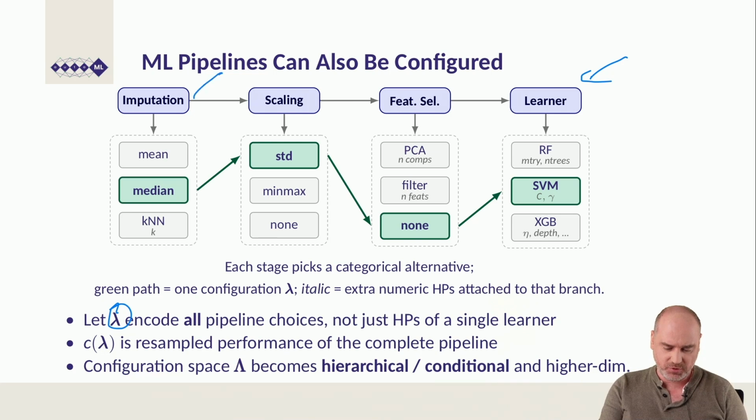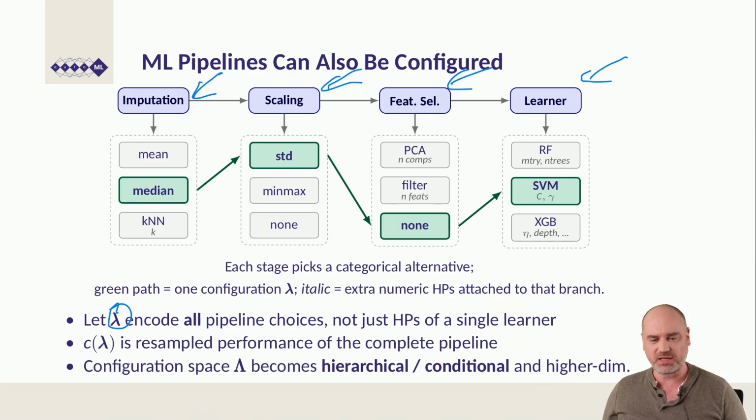So maybe there's some imputation for missing data going on. Maybe there's some scaling going on. Maybe some feature selection. Maybe we would even have different machine learning algorithms at our disposal. And all of these choices that we would have to make for the pipeline, we can encode in our lambda vector. Our C of lambda is again simply our resampled performance for the complete pipeline.